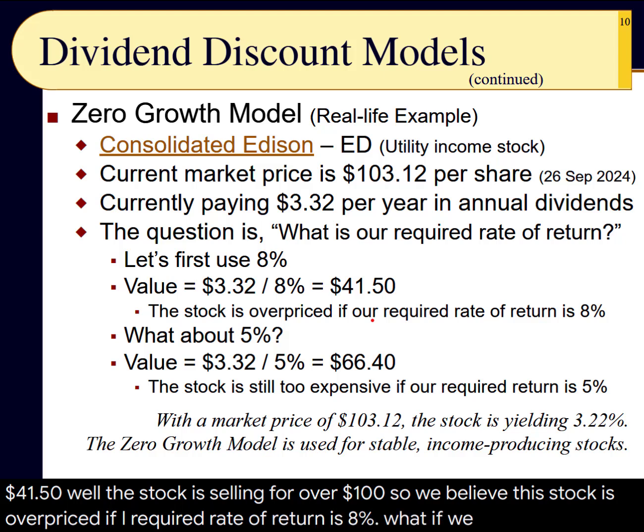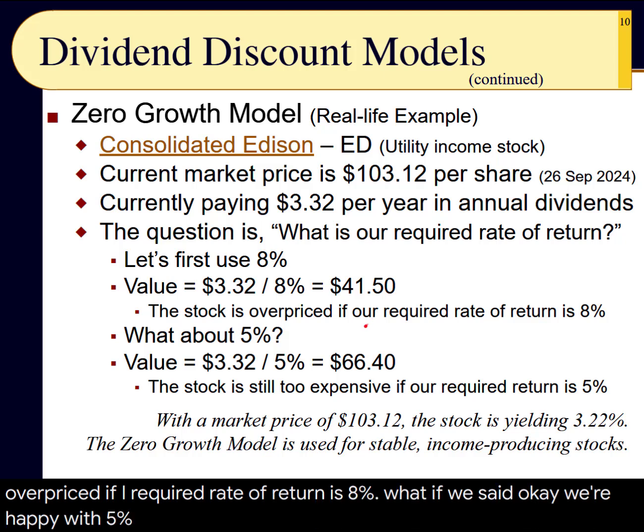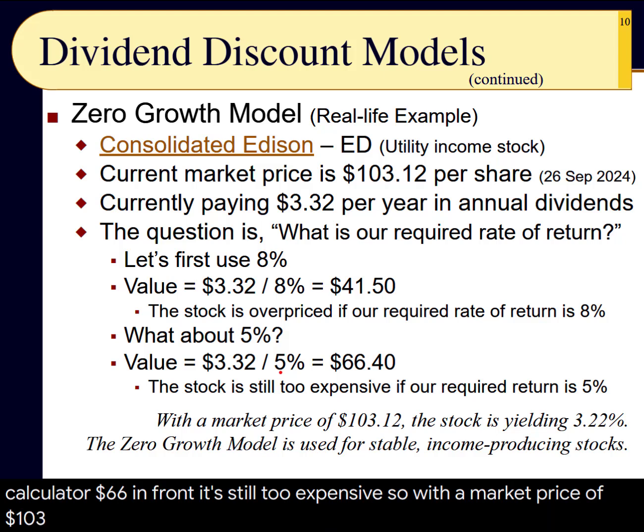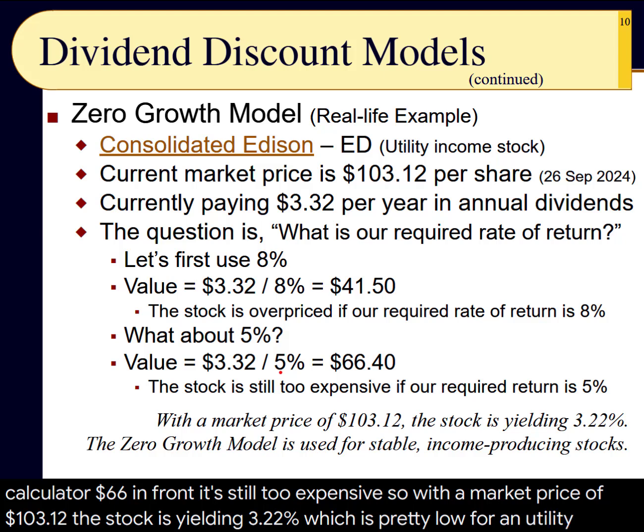What if we said, okay, we're happy with 5%? $3.32 dividends divided by 5%, 0.05. Do it on your calculator. $66, it's still too expensive. So with a market price of $103.12, the stock is yielding 3.22%, which is pretty low for a utility, but not unheard of.